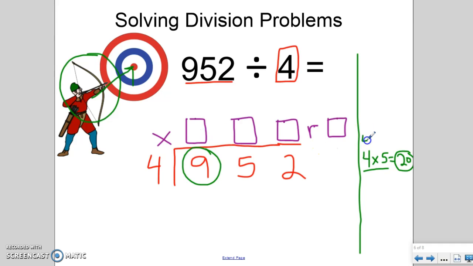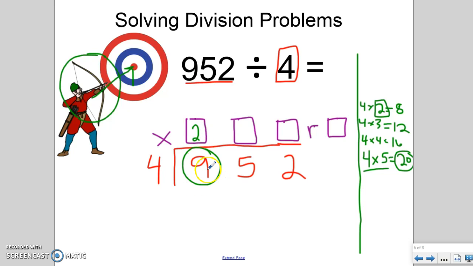And if I want to write these down, that way I have them for later. 4 times 4 is 16. 4 times 3 is 12. That's still higher than my target. Let me go backwards. 4 times 2, that looks good. That's 8. So what that means is for this particular target, the closest I can get to the 9 is 8. And that's using the number 2.